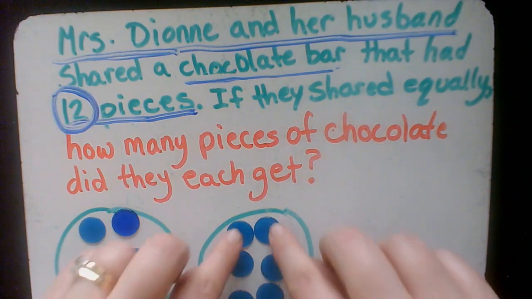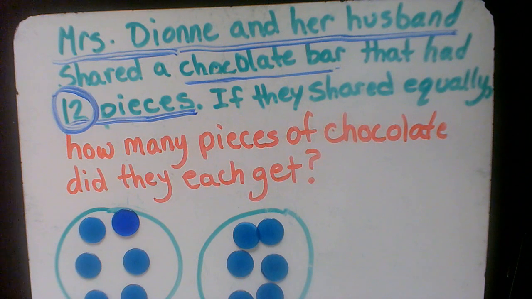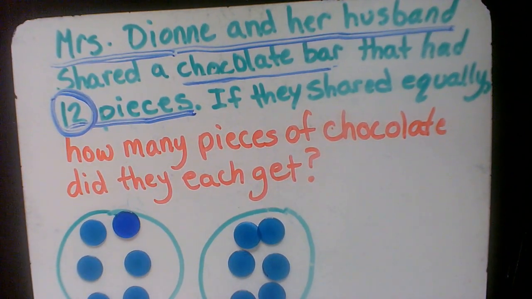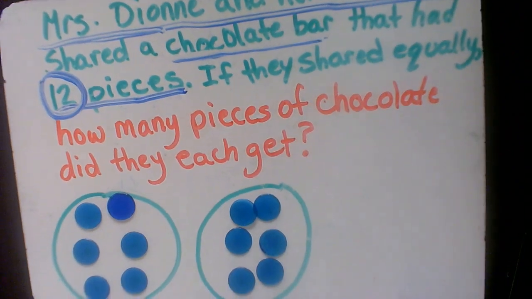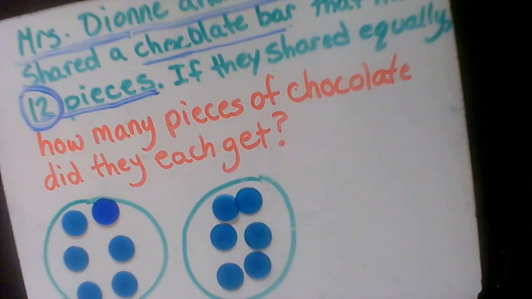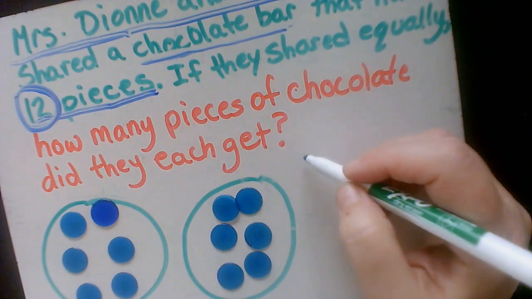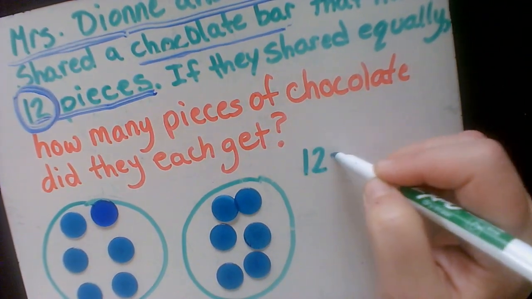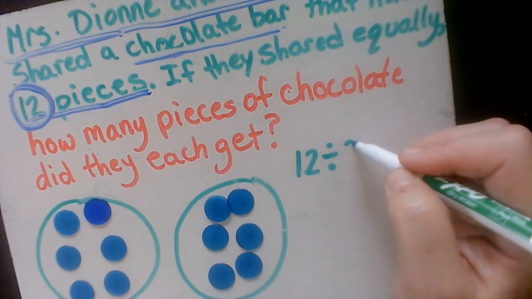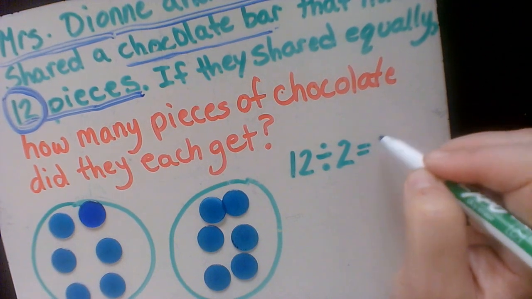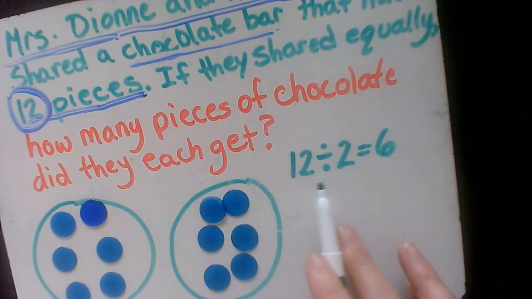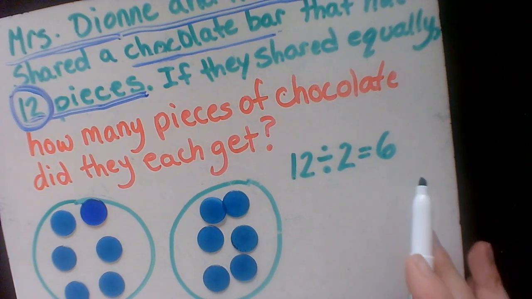Like that. And so I have my story problem, and I've used a model to solve it. I'm also going to change that into an equation. We started with 12, and I shared with, which is divide, 2 people, and we each got 6. So there's my division equation, 12 divided by 2 equals 6.